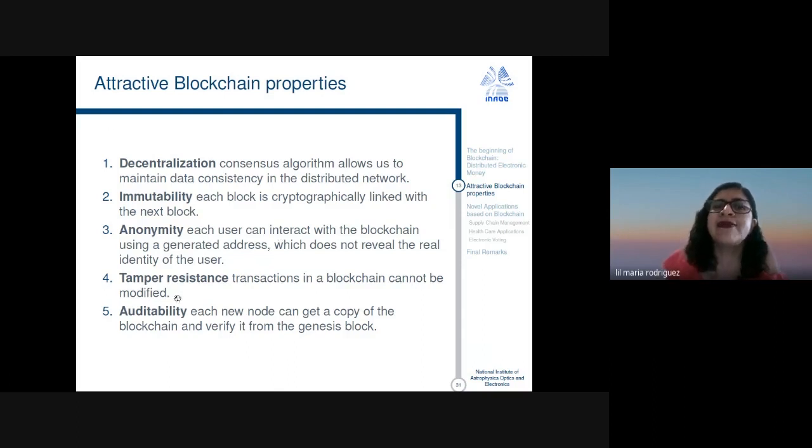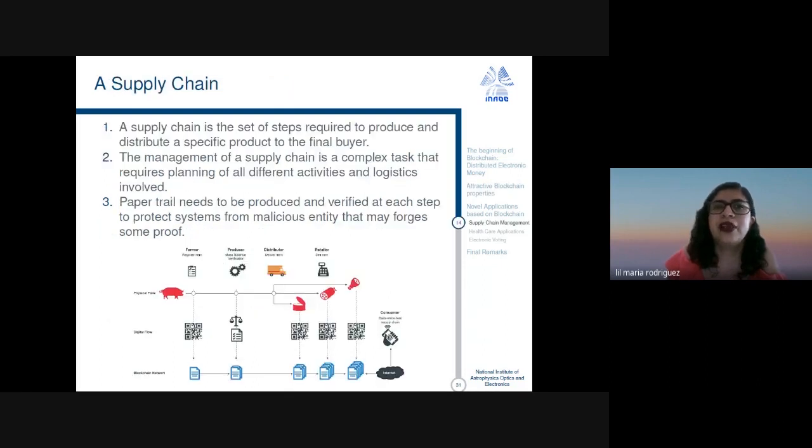So these are the very nice properties that are required in novel applications. So let's talk about these novel applications based on blockchain.